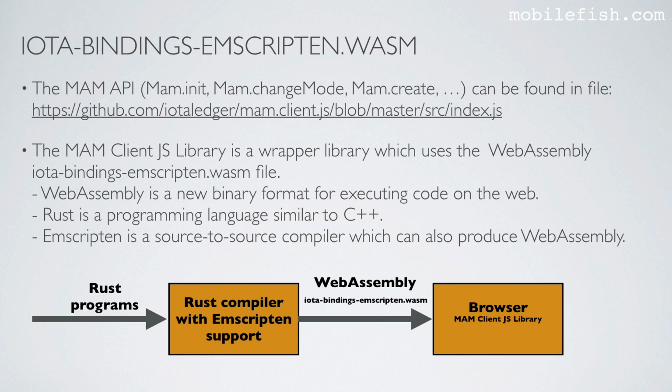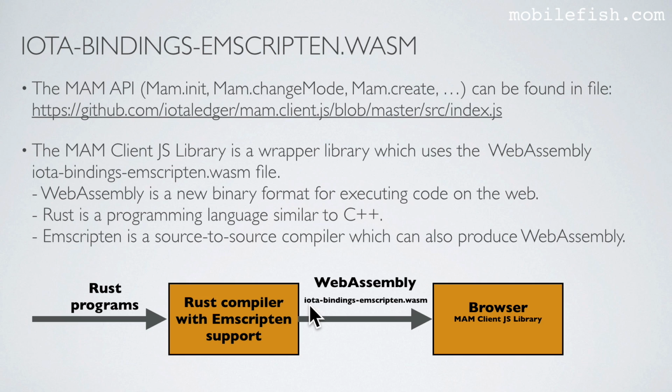WebAssembly is a new binary format for executing code on the web. Rust is a programming language similar to C++. Emscripten is a source-to-source compiler which can also produce WebAssembly. The Rust compiler with Emscripten support uses Rust programs as input and outputs WebAssembly files.